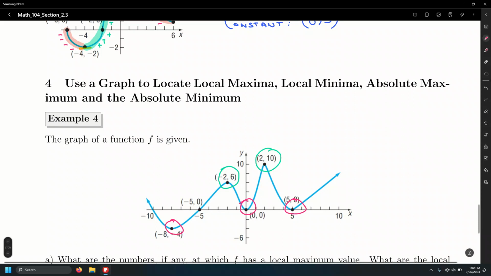However, only one of all those minimums, or potentially more than one, is going to be the absolute minimum, and that's the smallest of the minimums themselves. In this case, this is the absolute minimum because this is the lowest of them. These two are still minimum values, but they are just relative minimum values.